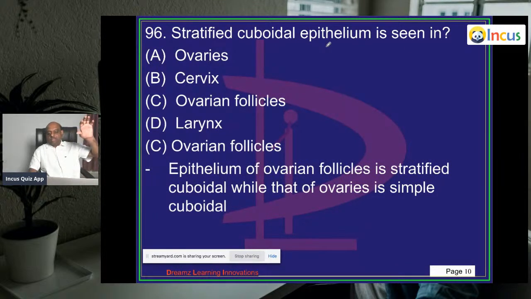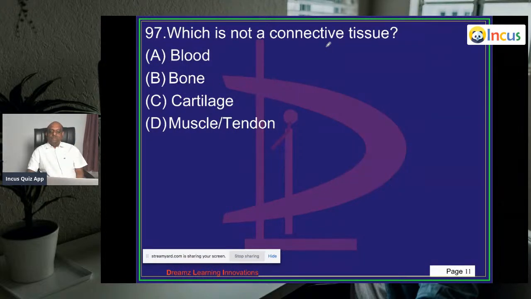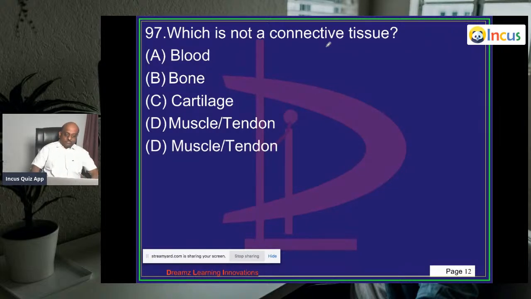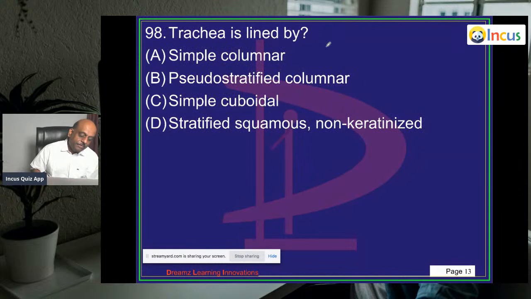Once more, the epithelium of the ovarian follicles is stratified cuboidal, while that of the ovaries directly is simple cuboidal, which is not a connective tissue. Basically, blood, bone, cartilage are all called connective tissues.